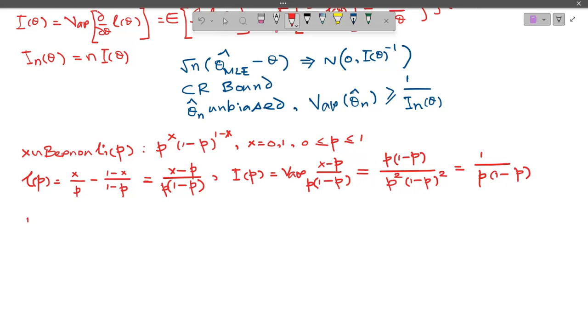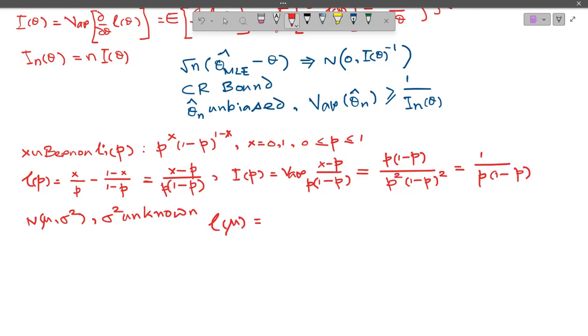For a normal mu, sigma square variate, we have sigma square known, mu unknown. So sigma square is known to us. We have the L mu, where the 1 by root 2 pi sigma comes out because there is no mu and we are taking the derivative with respect to mu.